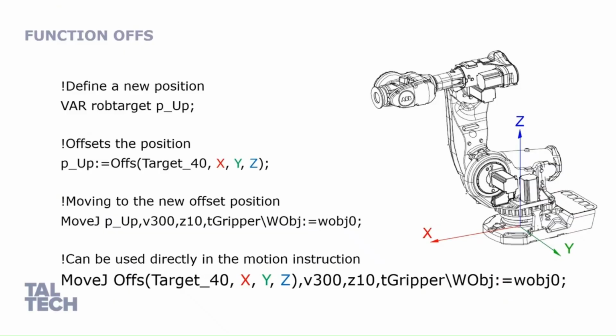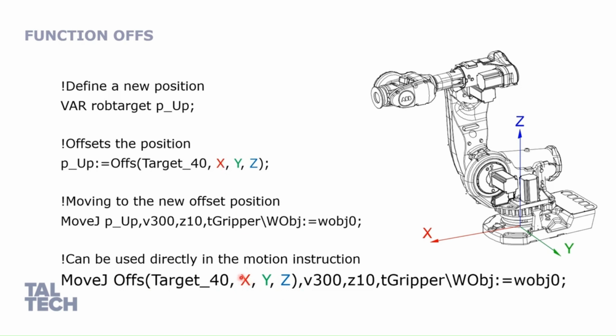Another option for calculating upper position is the function called offs. So it's the offset function, which allows us to offset in different directions. As you can see, the offset function is used here. We can use it together with the existing variable, or we can put it directly into the motion command. In general, when you put it directly in the motion command, it's much easier to control it.